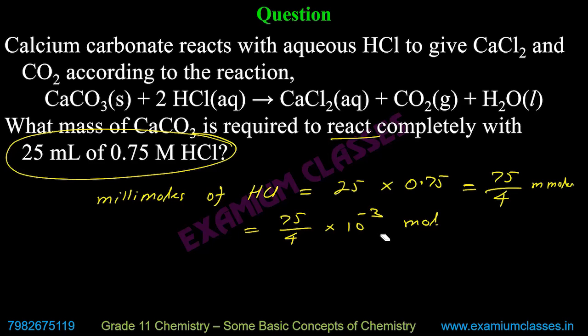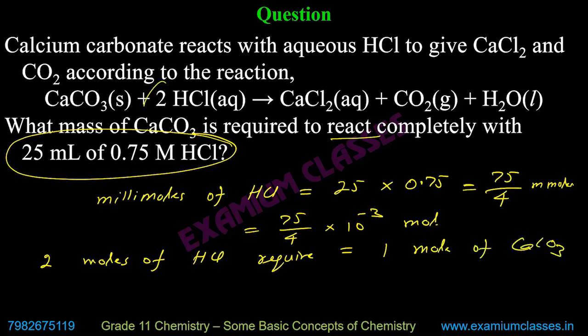Now go to the same concept of stoichiometric calculations: 2 moles of HCl in the balanced equation require 1 mole of calcium carbonate.